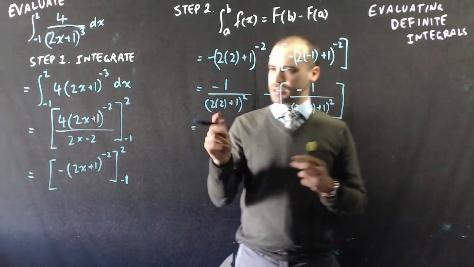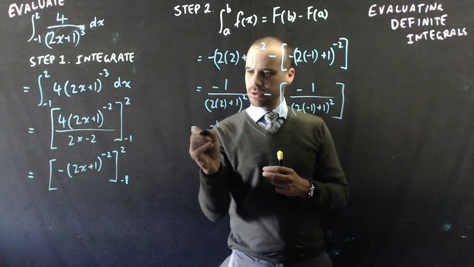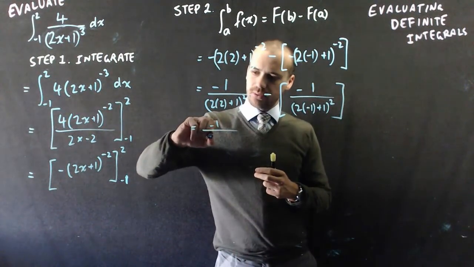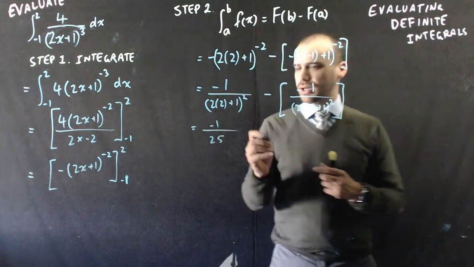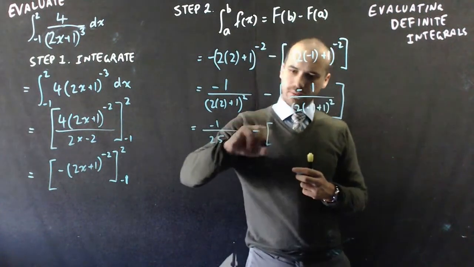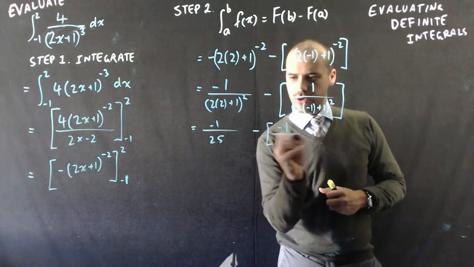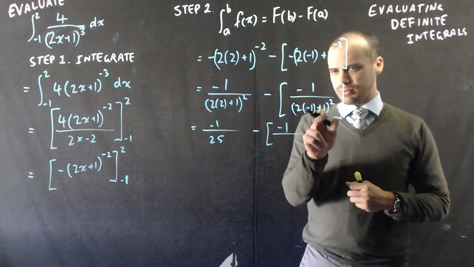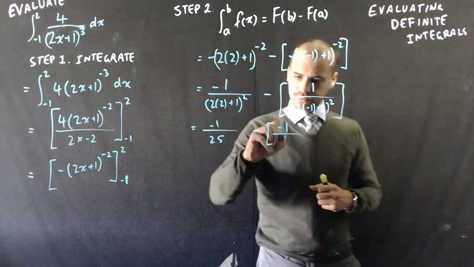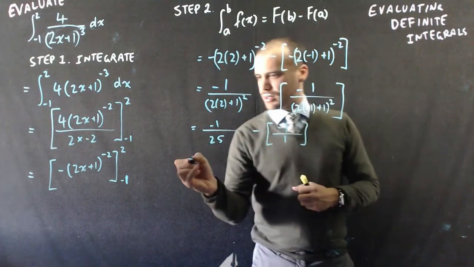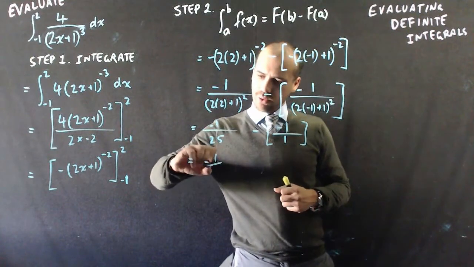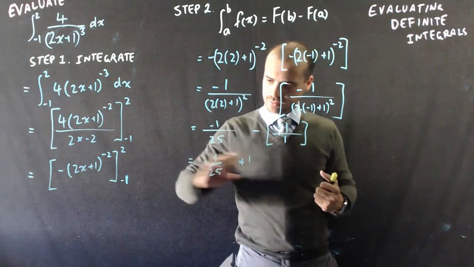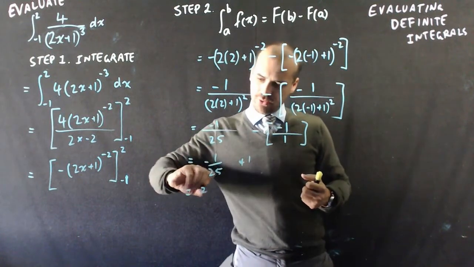Now, if we look at this, this is negative 1 over 2 times 2 is 4, plus 1 is 5 squared. So 5 squared, which is 25. And then I'm subtracting negative 1 over 2 times negative 1 is negative 2, plus 1 is negative 1, squared is 1. And that's negative 1 over 25 minus 1, which is plus 1. And that's going to be like 24 over 25.